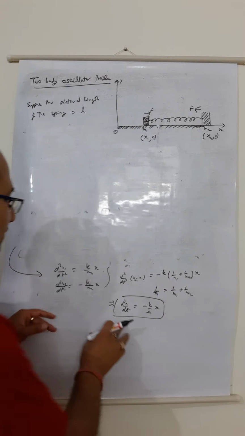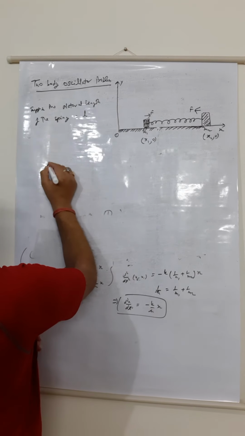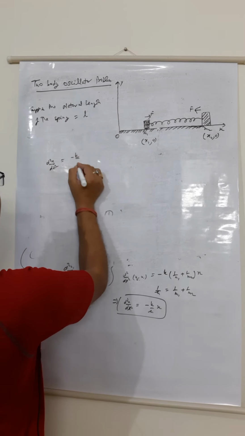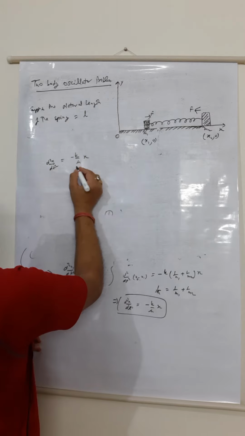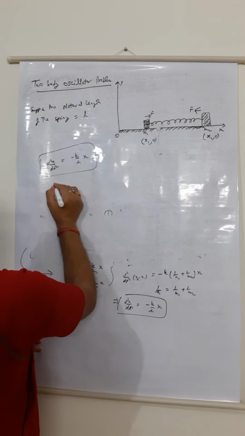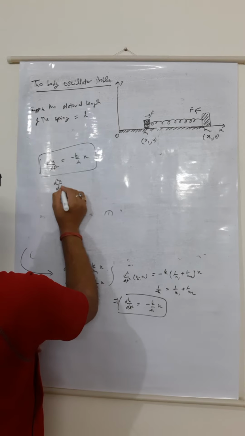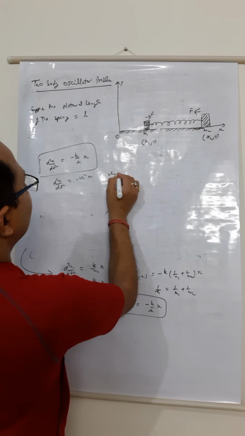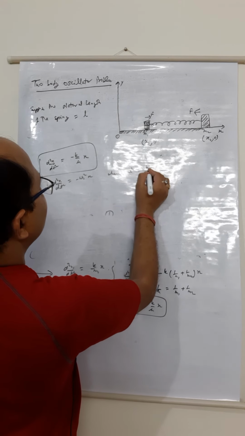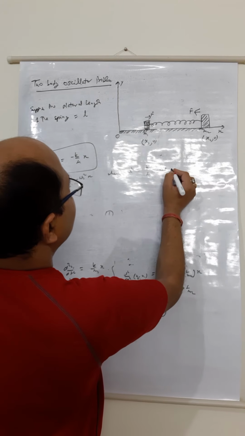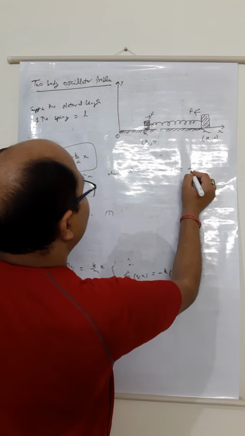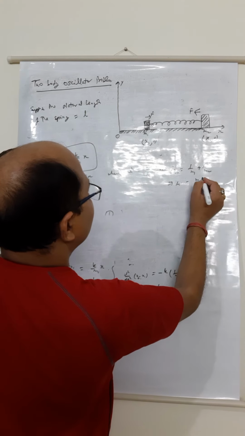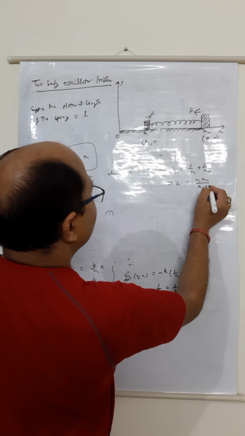We come to the result d2x upon dt2 is equal to minus k upon mu into x, or you can write it as d2x upon dt2 is equal to minus omega naught square x, where omega naught square is equal to k by mu, and 1 upon mu is equal to 1 upon m1 plus 1 upon m2, and this implies mu equals m1 m2 upon m1 plus m2.